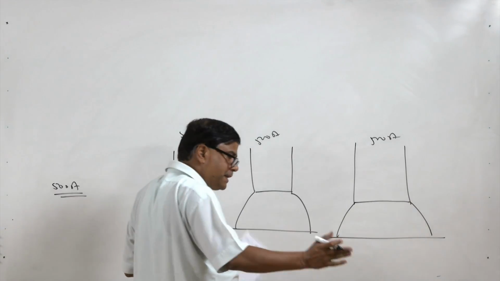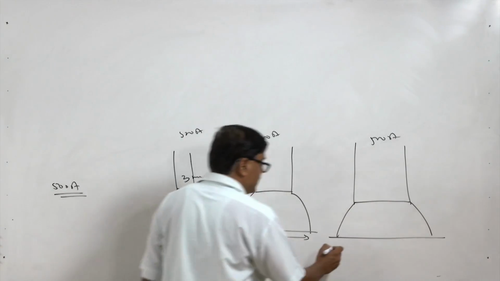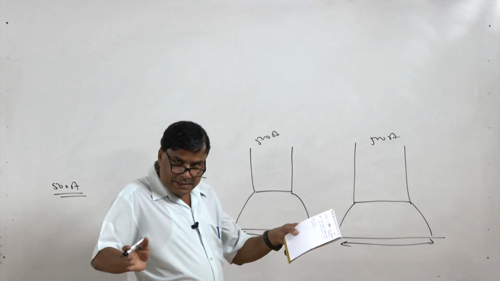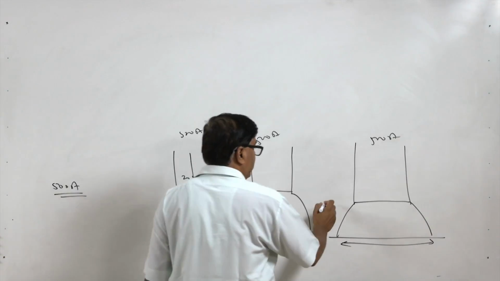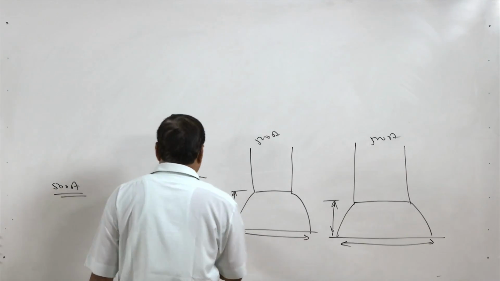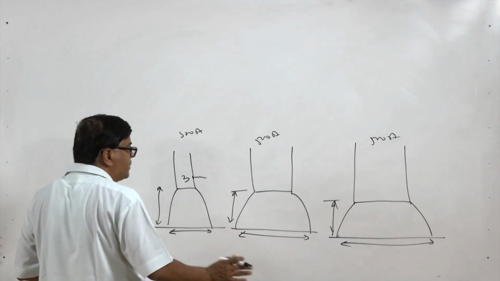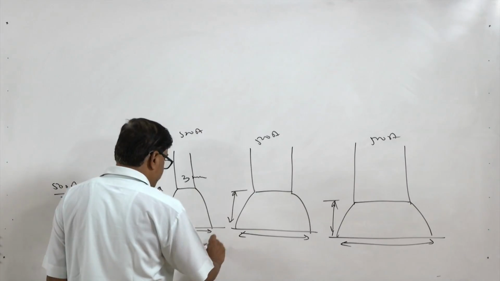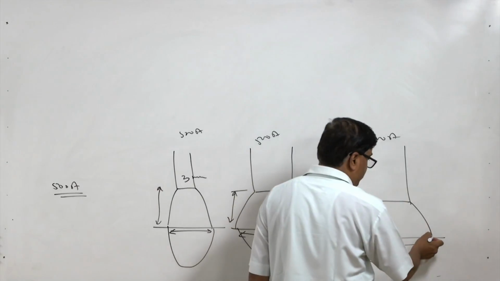But with the increase in the diameter of the electrode, the width of the weld increases. So, the things are simple: our power density is getting reduced for a given heat generation. Arc length is the same, arc voltage is the same and the current is the same. So, the reduced power density and increased width will cause more penetration in this case, somewhat lower penetration in this case and further lower penetration in this case.